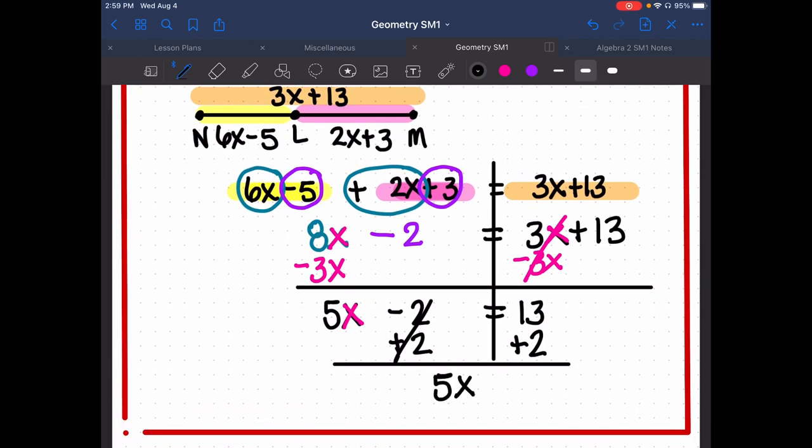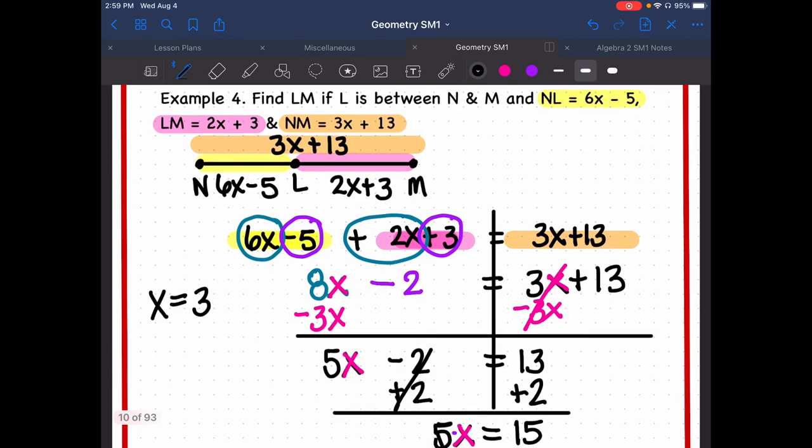Bring down my 5x. 13 plus 2 is 15. I've got to get rid of that 5. Remember, there's multiplication in there. So the last step is to get rid of the multiplication by doing the inverse, which is divide. And that would be 3.